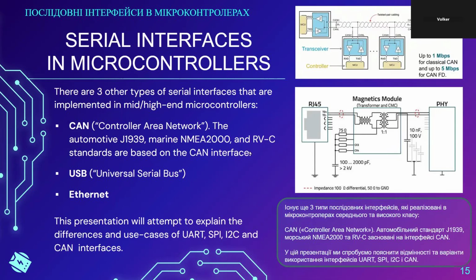There are other protocols. There's a CANopen protocol that is put on top of the original CAN engine, or the CAN interface inside a microcontroller. There's a USB bus and Ethernet, which we're not going to talk about in this presentation.